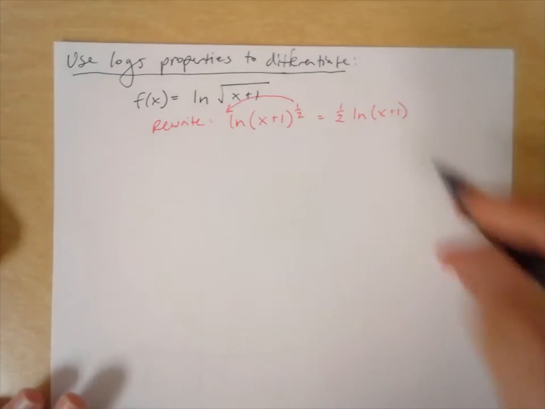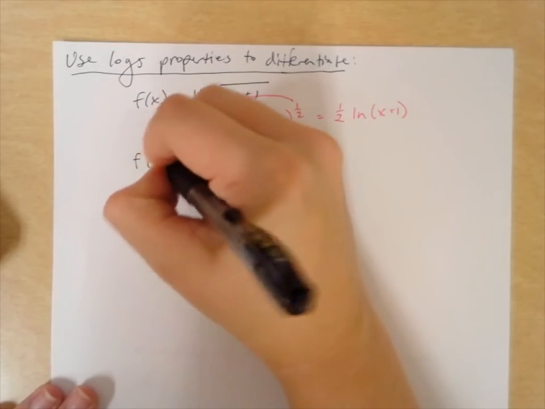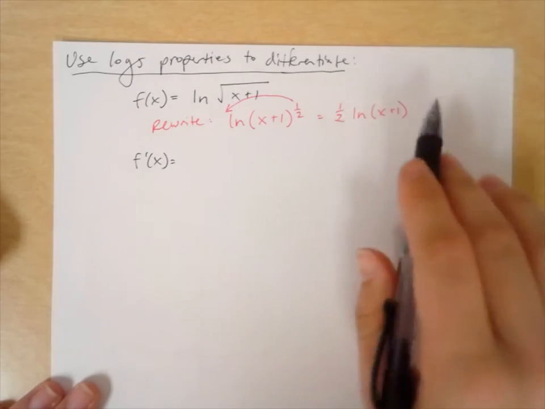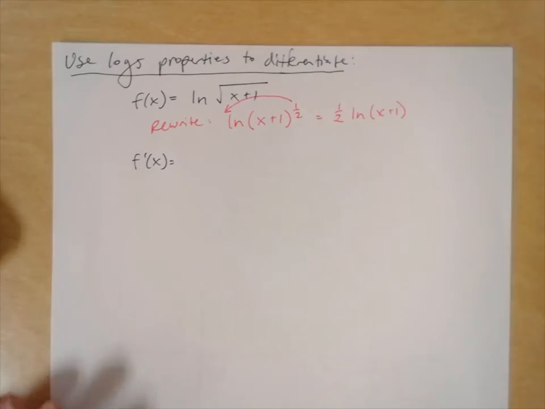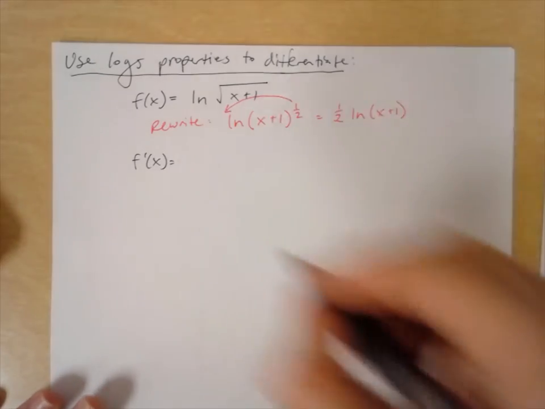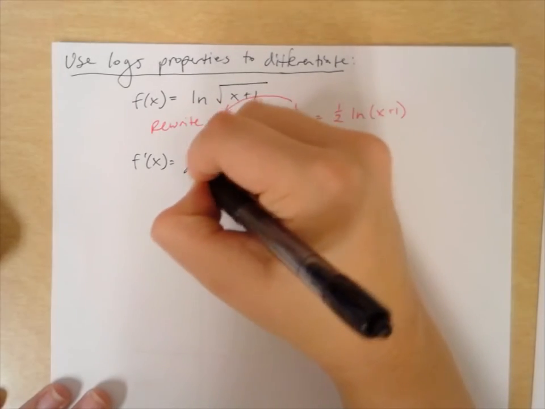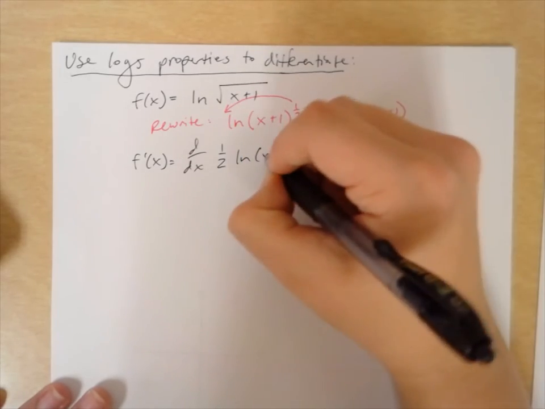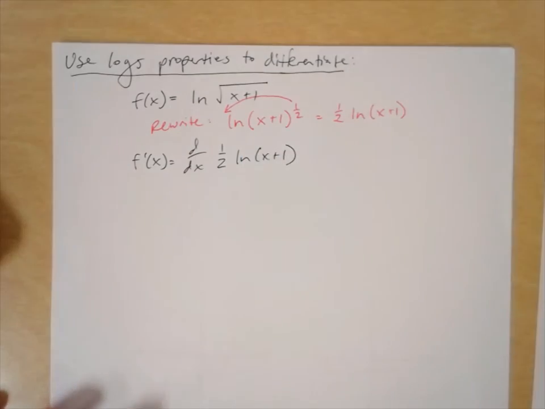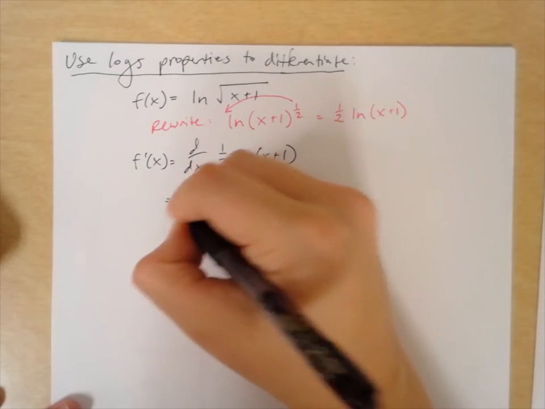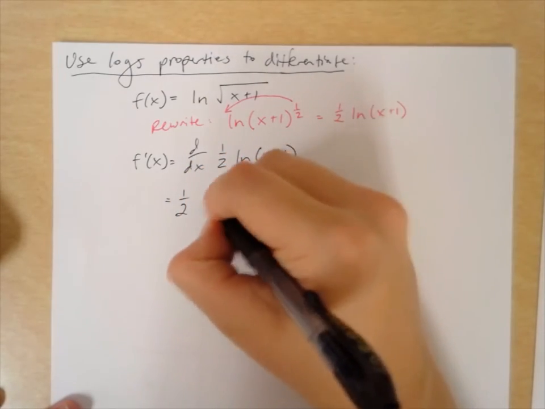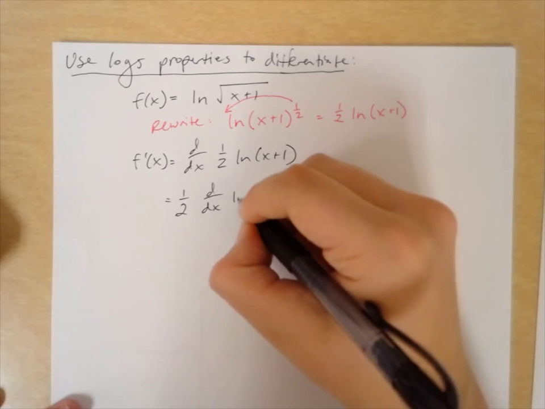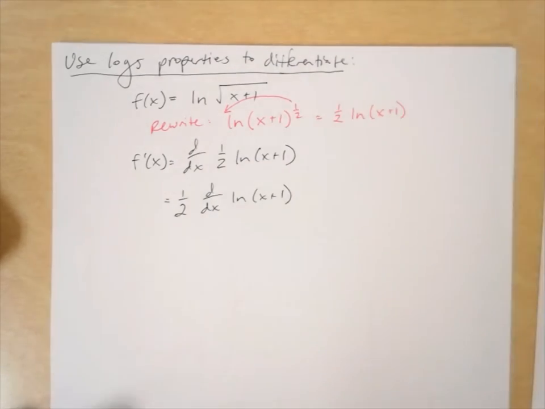Now, when we find f prime of x, we're finding the derivative of 1/2 natural log of x plus 1. We get to take that constant and put it out front, and we're still taking the derivative of natural log of x plus 1.